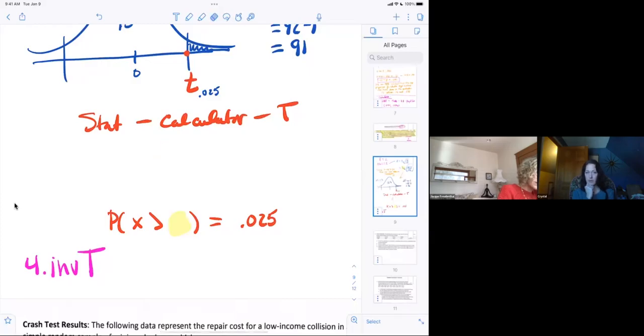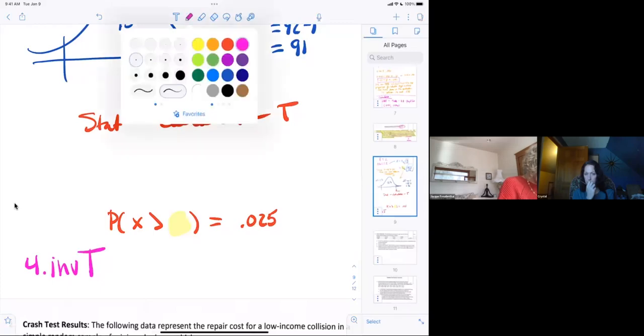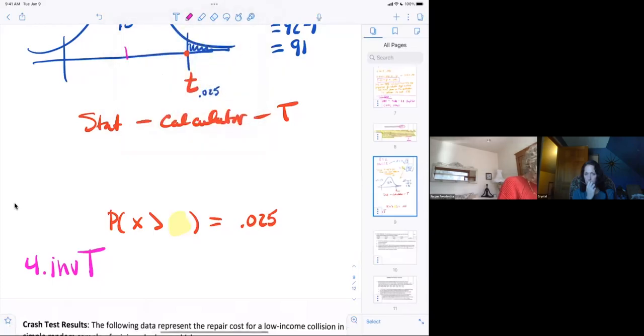Yes. Okay, so the issue here, the mean for a T distribution is 0. But the standard deviation changes with the sample size.